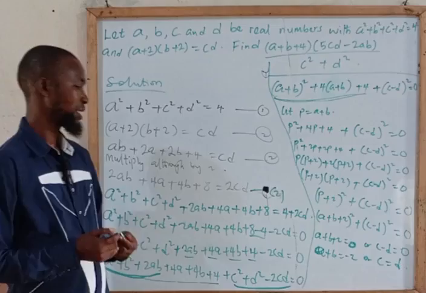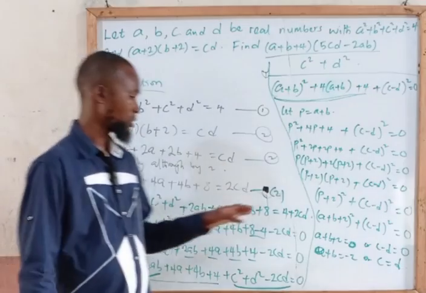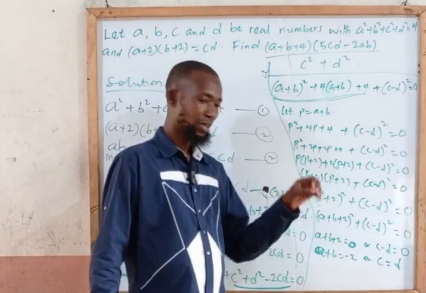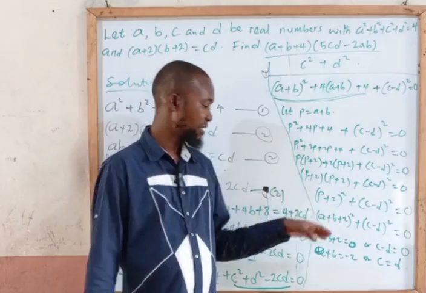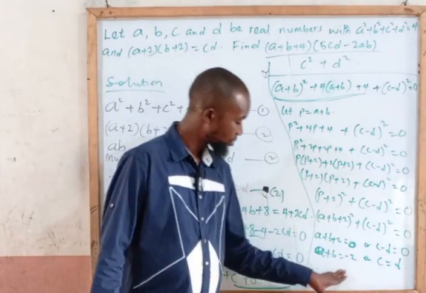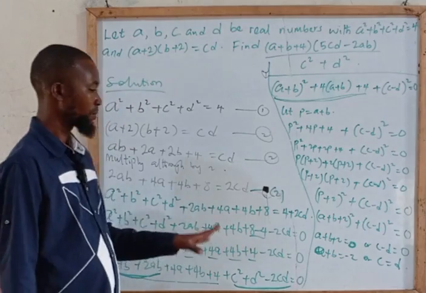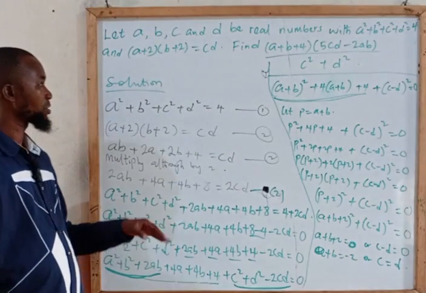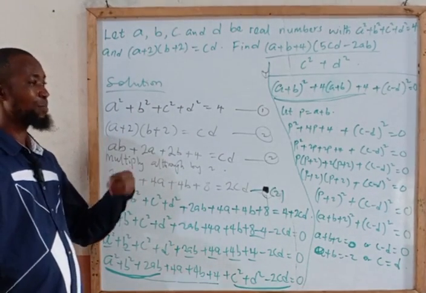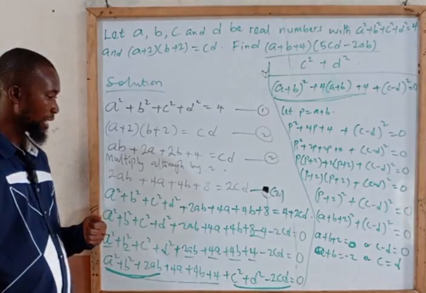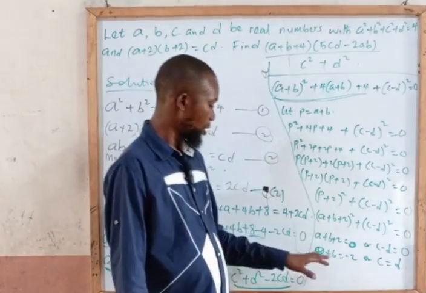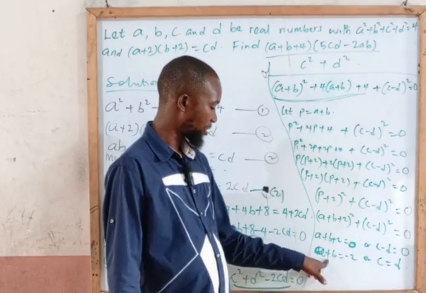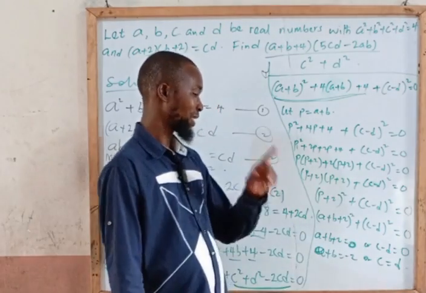Now, we cannot specifically say this is the value of c, this is the value of d, this is the value of a, or this is the value of b. But with this little information, I think it is enough for us to go to the required part of the question. We will target a plus b. Whenever we see a plus b, minus 2 will represent it.